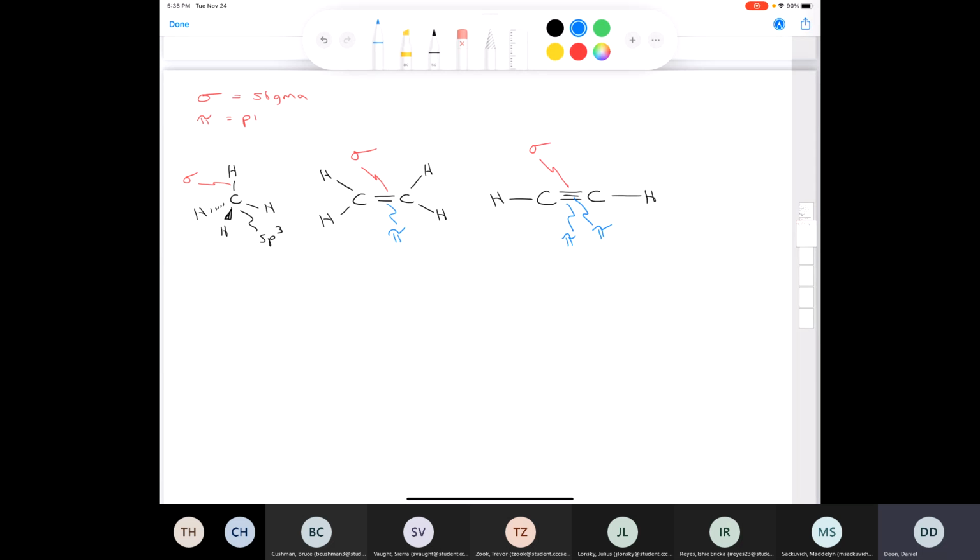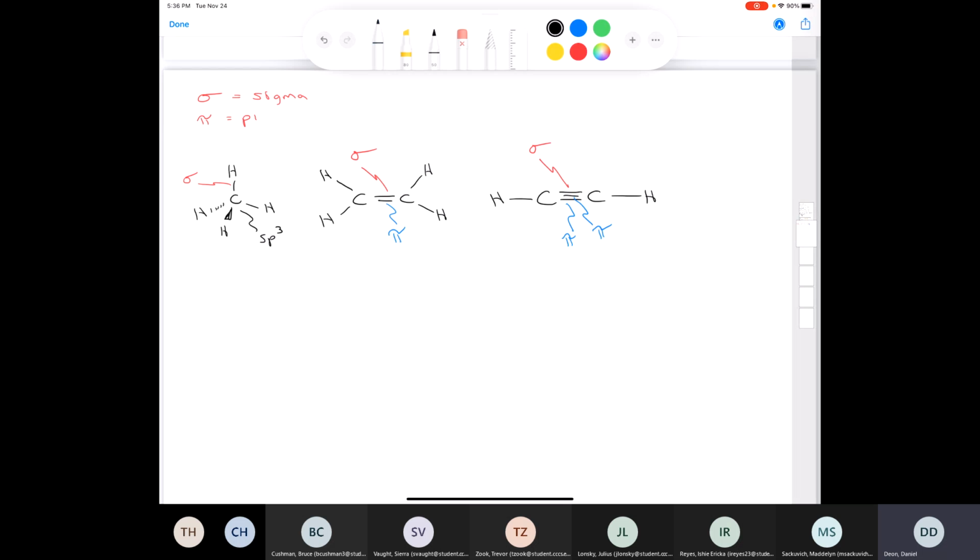We're going to look at how pi bonds are formed in this chapter, but we're not there yet because I want to talk about the hybridization. But I want you to understand what a pi bond is. So a couple things about pi bonds.